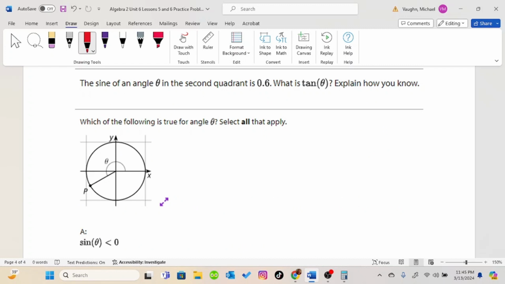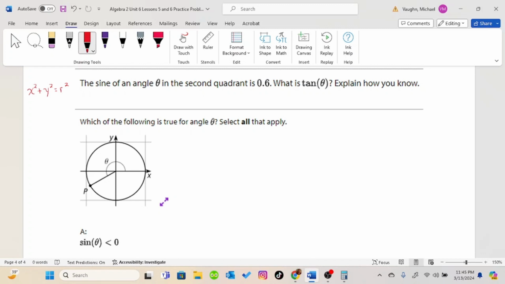The sine of an angle theta in the second quadrant is 0.6. What is tangent of theta? Explain how you know. So if you remember, x squared plus y squared equals the radius squared.